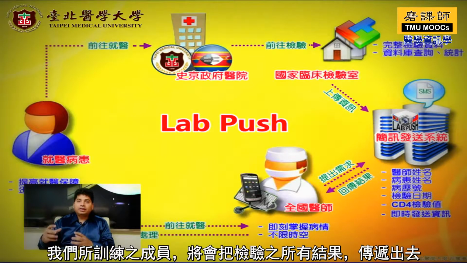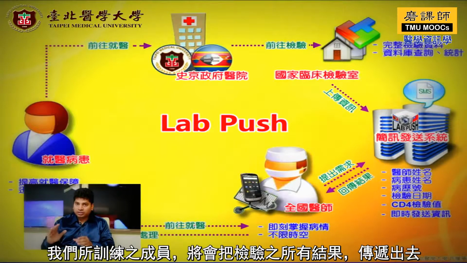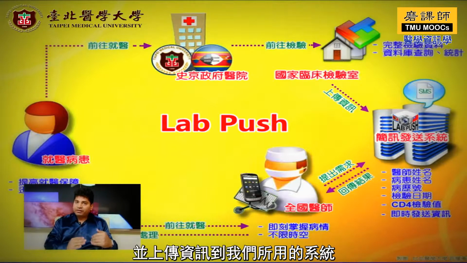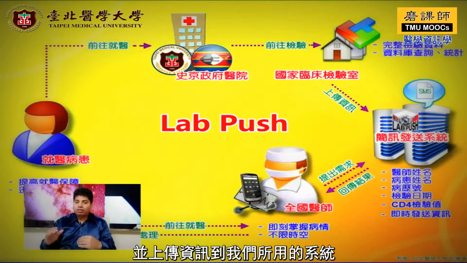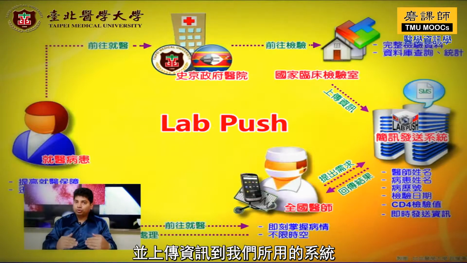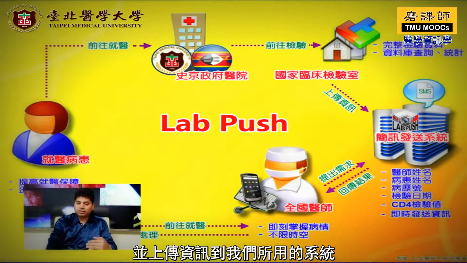Meaning we train one staff at the lab so that he can export all the results from the clinics where we are having intervention, and upload that information to our system.